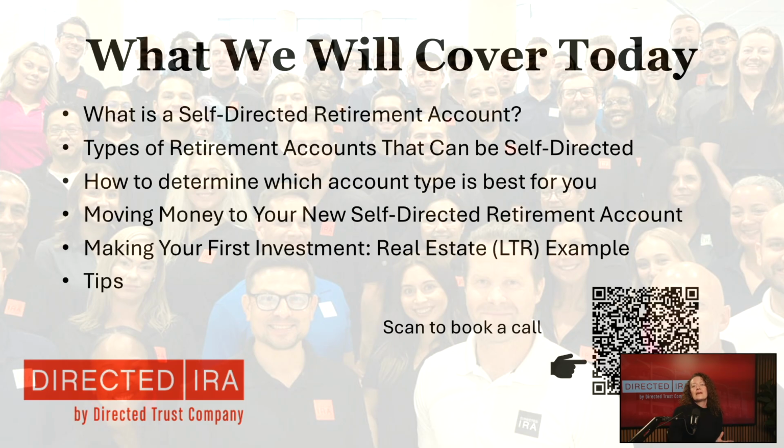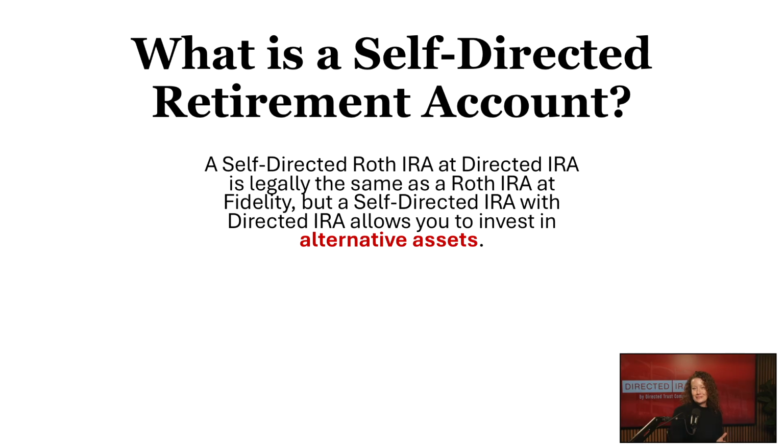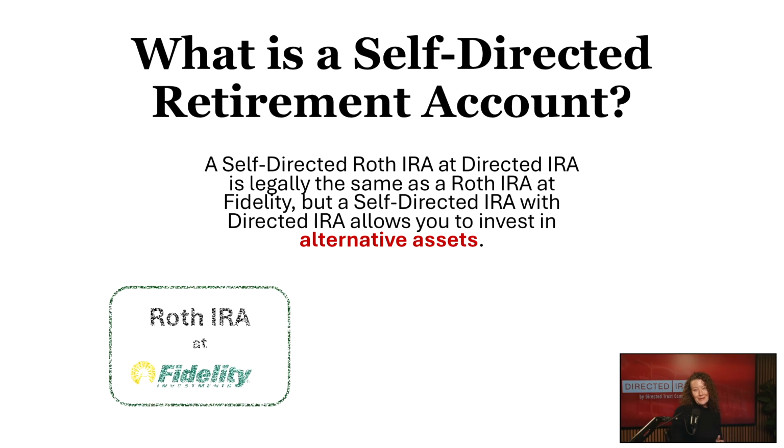So what the heck is a self-directed retirement account? A self-directed retirement account at Directed IRA is legally the exact same as an IRA at Fidelity. A lot of people think that when they hear the term self-directed, it's a unique type of retirement account in a way that might change the legality behind it. When in reality, a Roth IRA at Fidelity is legally the exact same as a Roth IRA with Directed IRA.